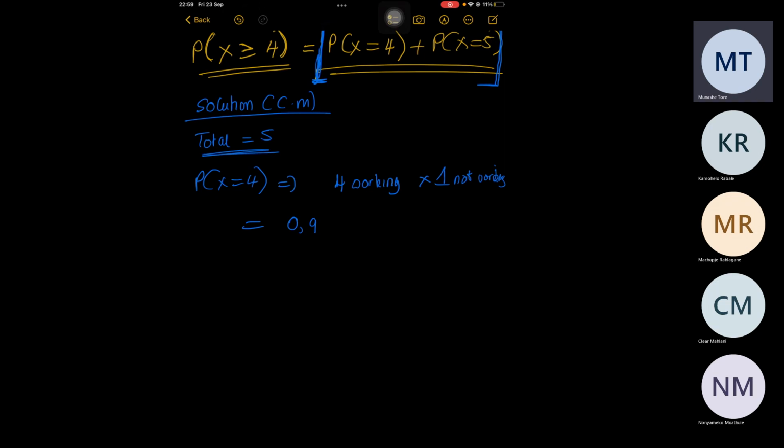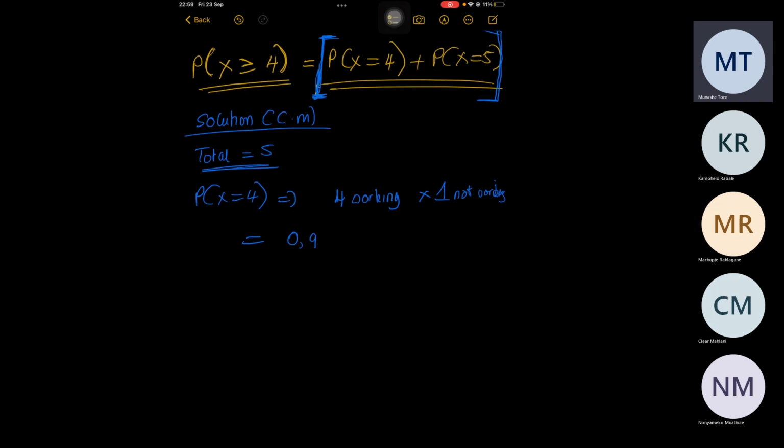I remember, if you attended my classes prior, I was always telling you that and means intersection, and intersection means multiplication. So it's going to be 0.9 times 0.9 times 0.9 times 0.9, which is just 0.9 to the power 4. This is for 4 components working.